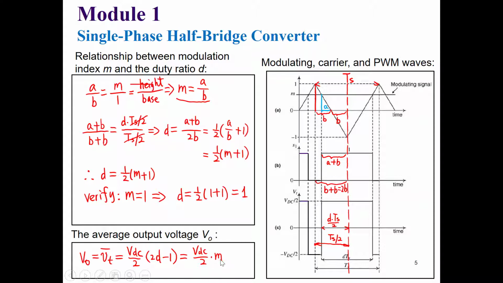If M is a DC and constant value, then we will have a DC value in the output, and if M is an AC value, for example a sinusoidal signal, we will have an AC output. Then the half bridge will change from a DC-DC converter to an inverter. In DC-DC operation we have a DC output, and in inverter operation the half bridge converter gives an AC output.